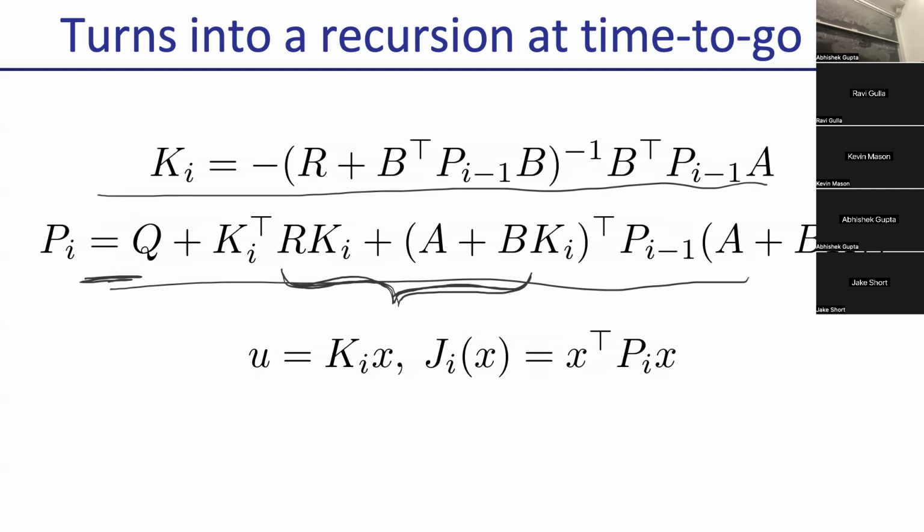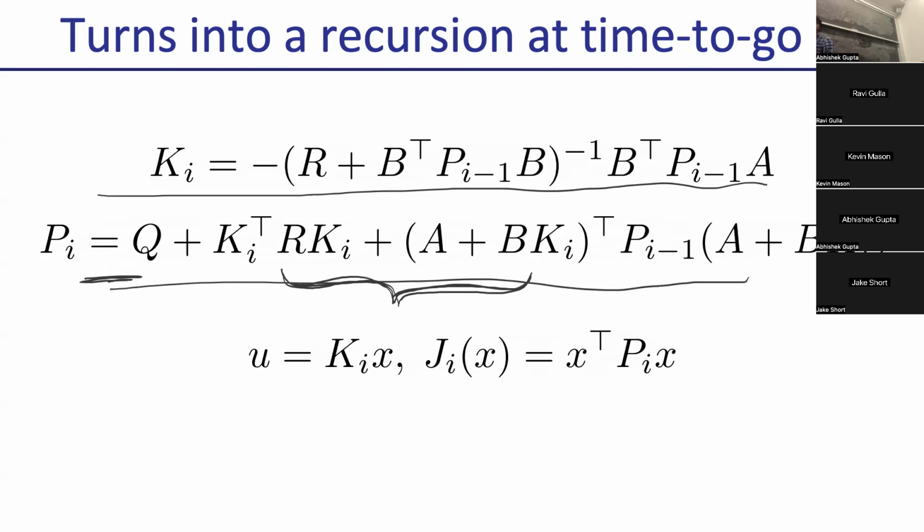What is P1 going to be in terms of P0? Now you repeat and do K2 in terms of P1 and P2 in terms of P1. And then you repeat and repeat and repeat till you go all the way to the start of your system. It's essentially saying: try to be optimal at the last time step, try to be optimal at the second last time step, try to be optimal at the third last time step, and you can reuse everything.